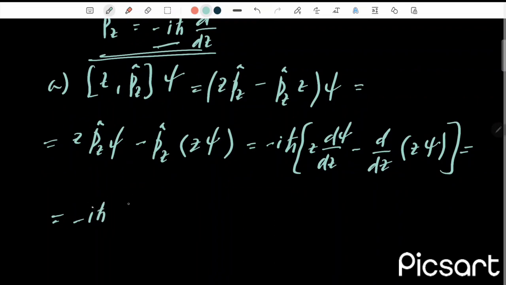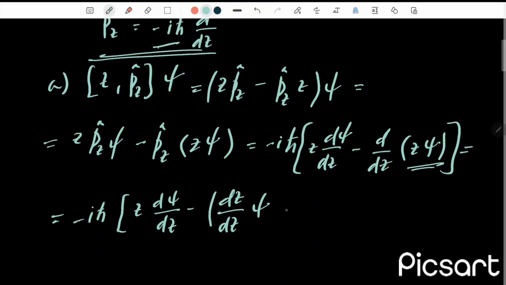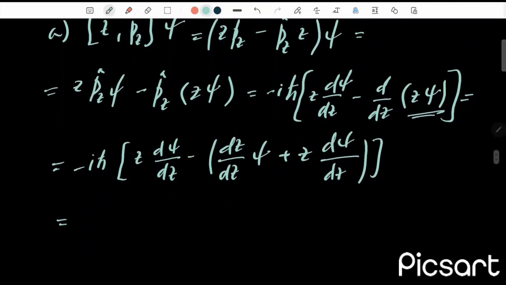And here we have minus i h bar times z times d of psi over d of z minus here we have firstly d of z over d of z times psi plus z times d of psi over d of z, and now we have minus i h bar times z d of psi over d of z minus psi.